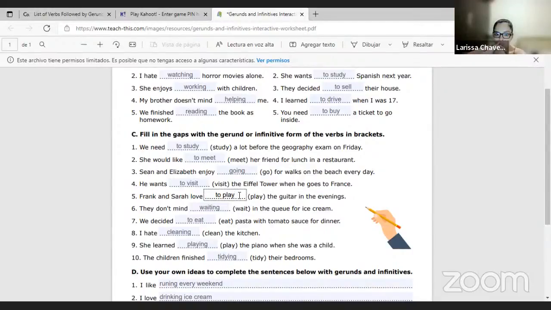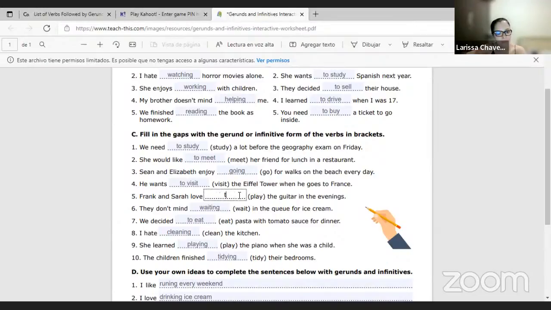So in this case, what do you think? Frank and Sarah love... Not this in general. So it's to play. Because when it's general, it's in gerund. So it's playing.